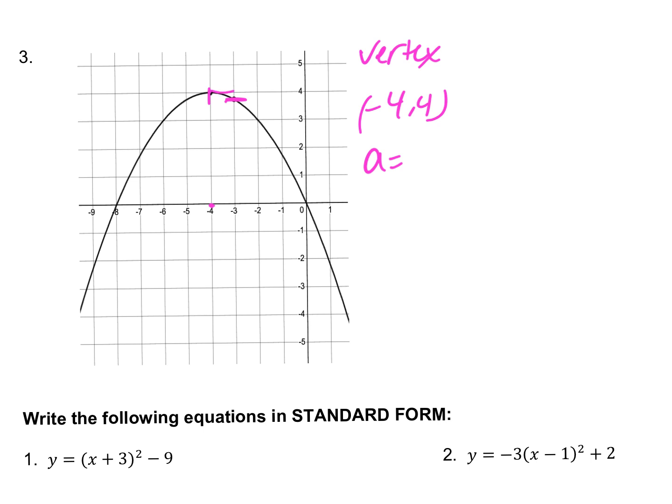So we went over 1 and down a fourth. So this opens down, so it's negative 1/4. That's because we're seeing the graph, we know it's got to be negative. But again, we went over 1 and down to that point on my graph, which is at 1/4. So write in our equation, y equals negative 1/4 times (x plus 4) quantity squared plus 4.